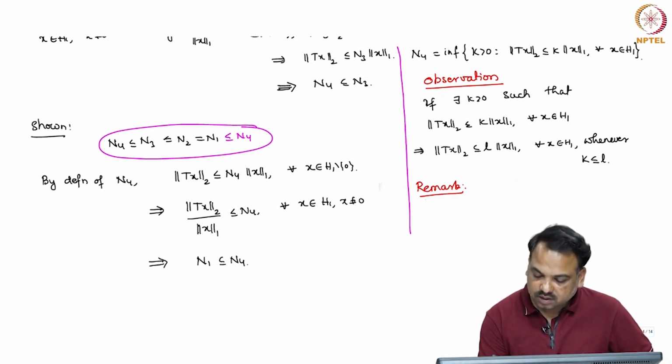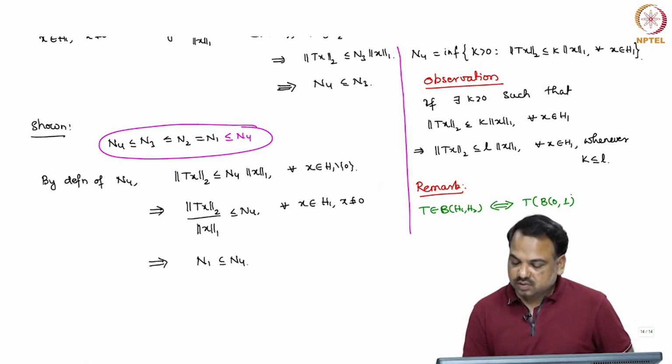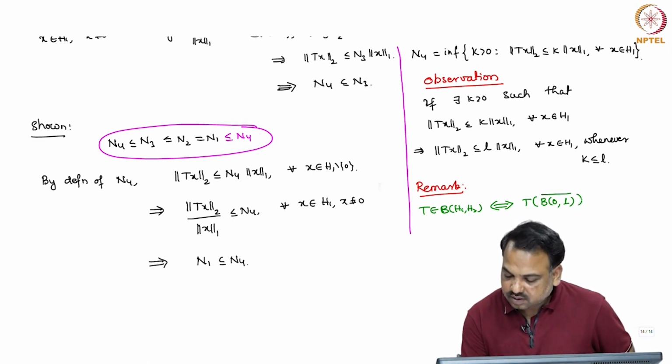So we can easily show that T is bounded if and only if T of the open ball B(0,1), centered at 0 with radius 1, and take the closure of that, is bounded.